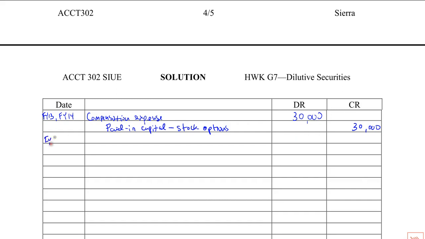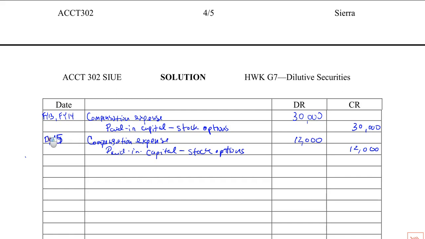And then FY15, still the same accounts. Compensation expense, paid in capital, stock options. And what did we just calculate? 12,000.